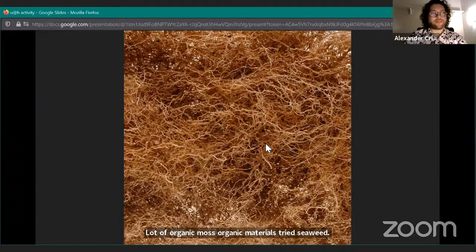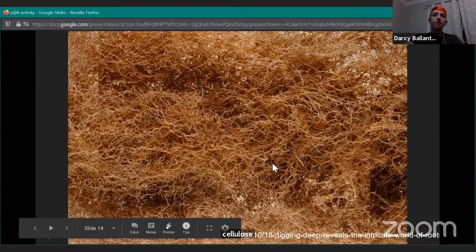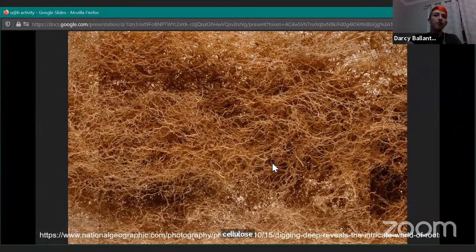Got some disagreement, folks saying it's definitely not moss, hair, a loofah, lichen. Oh, they're coming in now. End of season weeds. That's a good one. Yeah, so this is a picture of a root system, which I think roots are super cool. And I think it's neat to compare the differences and similarities between roots and our universe.